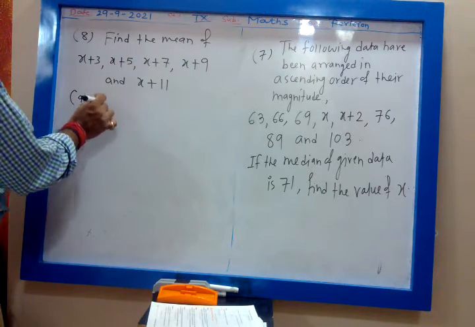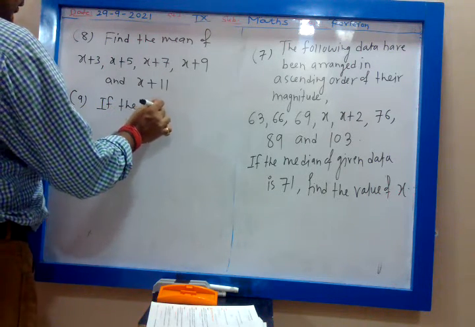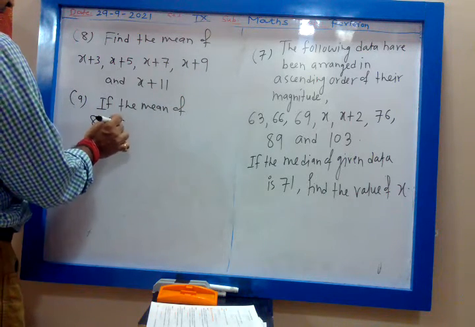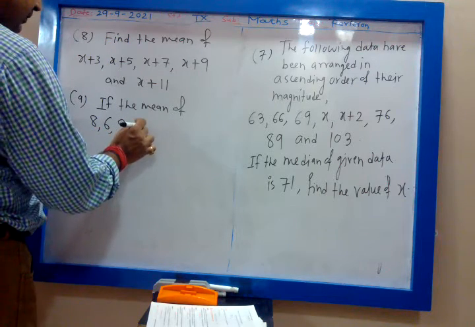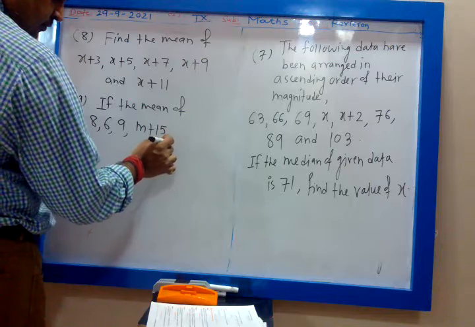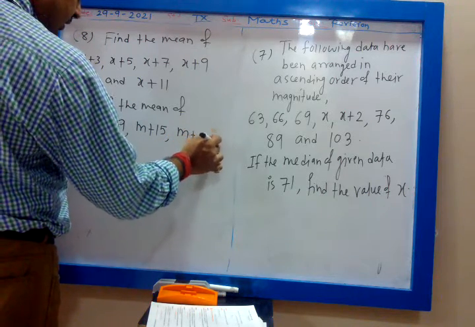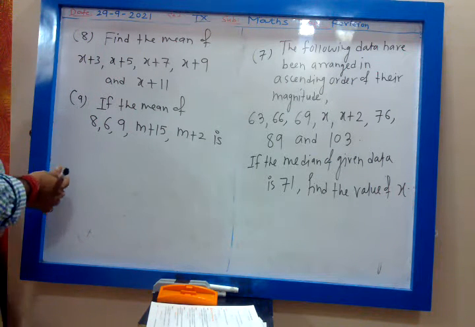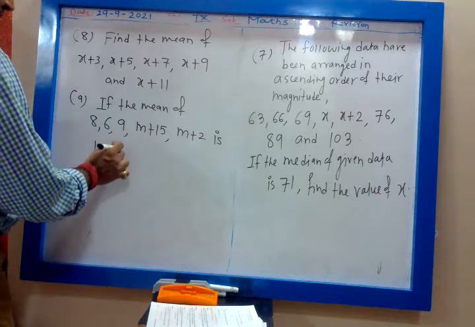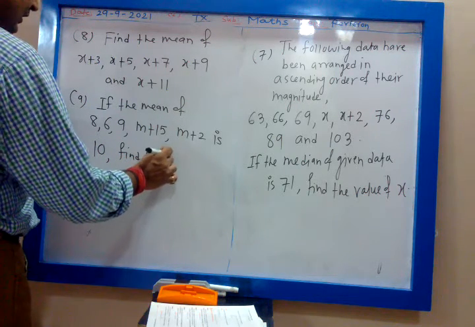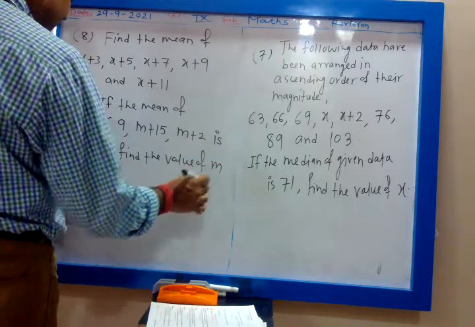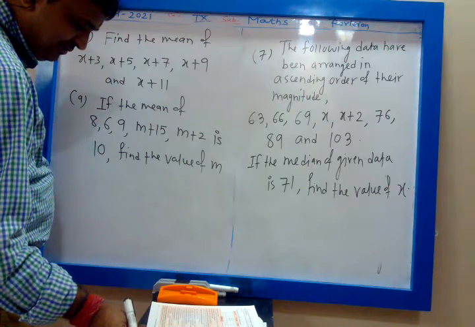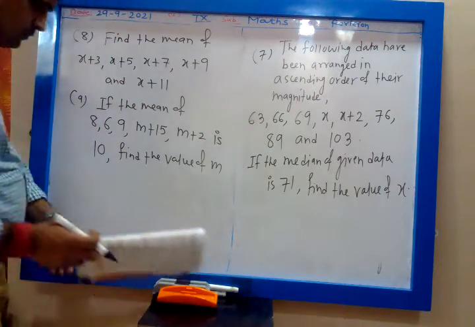If the mean of 8, 6, 9, n plus 15, m plus 2 is 10, find the value of n. Chalo, find the value of n.